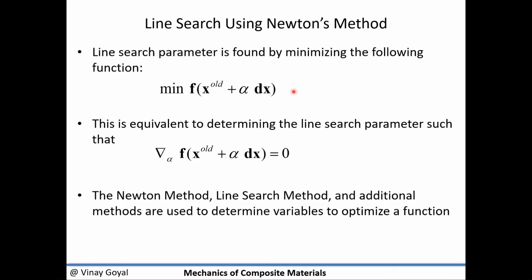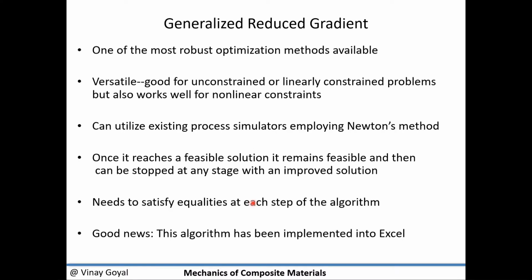Very similarly here, we're minimizing this objective function relative to alpha now. And so the Newton method, the line search method, and additional methods are typically used to determine variables to optimize a function. So that takes me to the generalized reduced gradient.